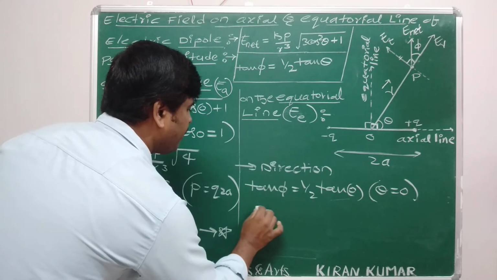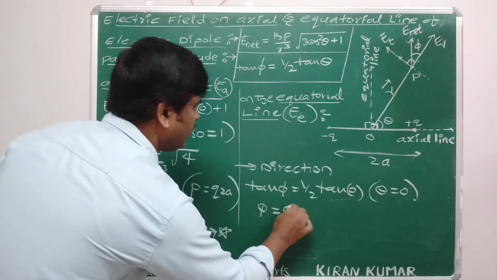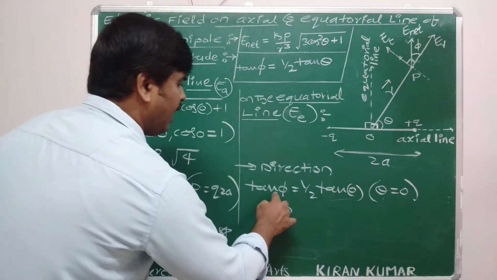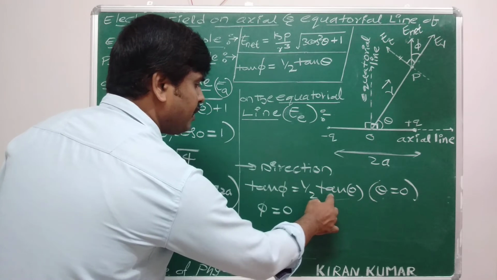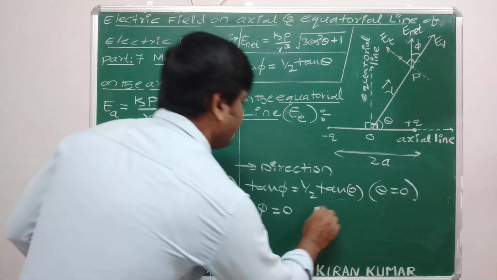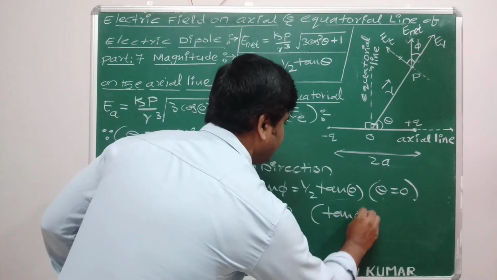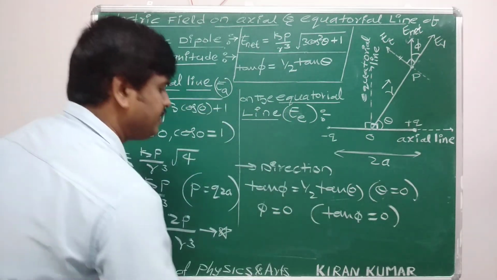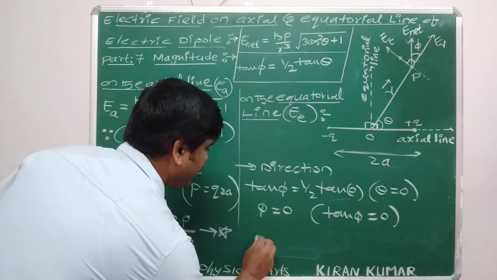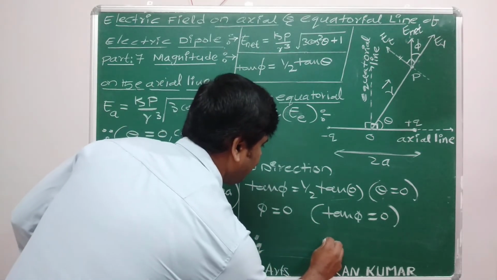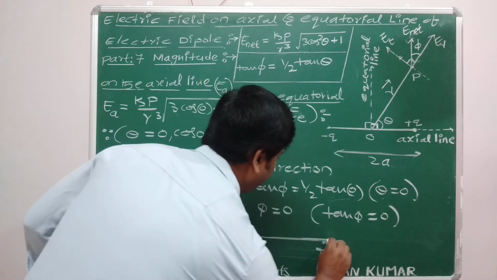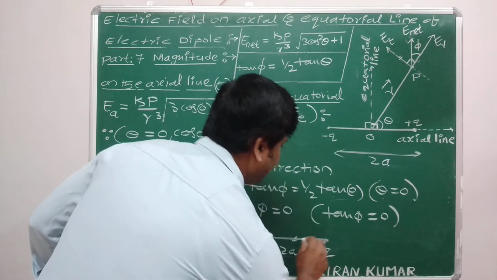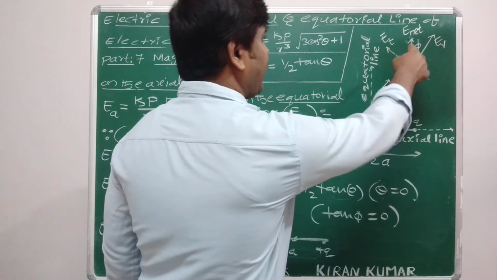Because theta is 0, tan phi is equal to 0, so phi is also 0. This is the negative charge and this is the positive charge, and this is the electric dipole, and this is the 2a length, where theta is equal to 0 and phi is also 0.